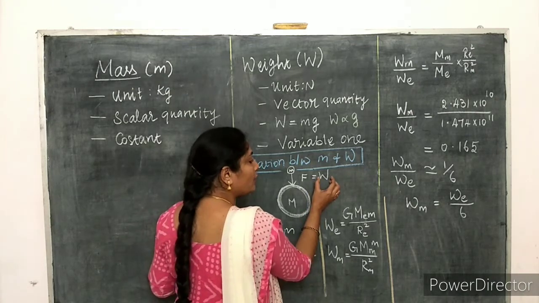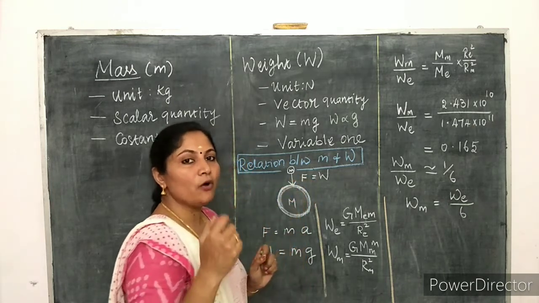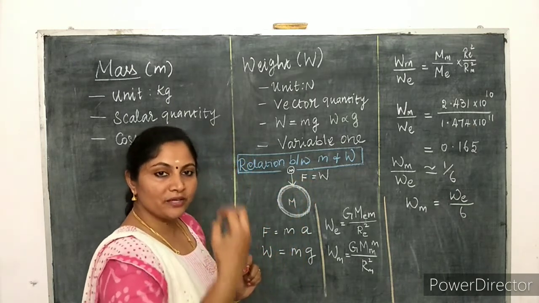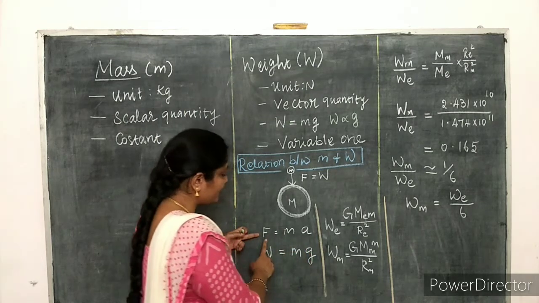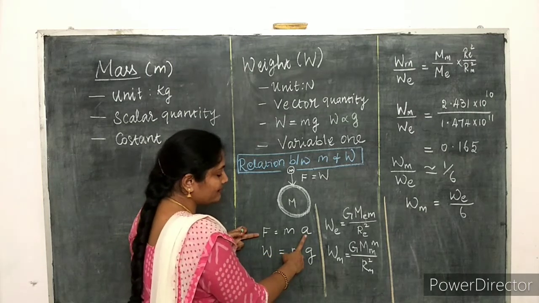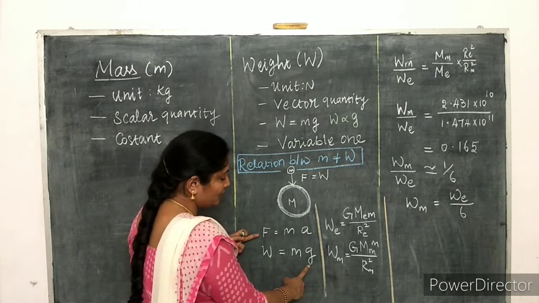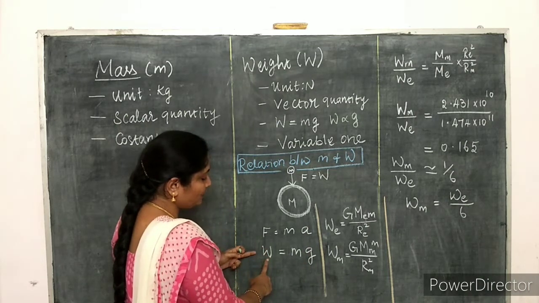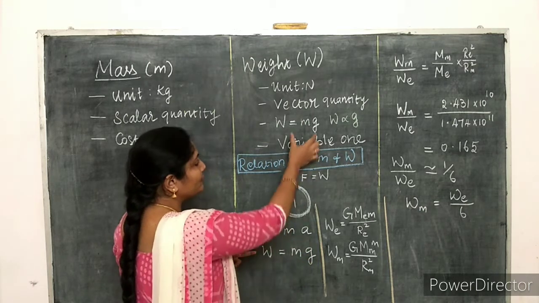So F is equal to m into a. Gravitational force is equal to the mass of the object and the acceleration acting on that object. That acceleration is written as g and that force is written as weight. So weight is equal to m into g.